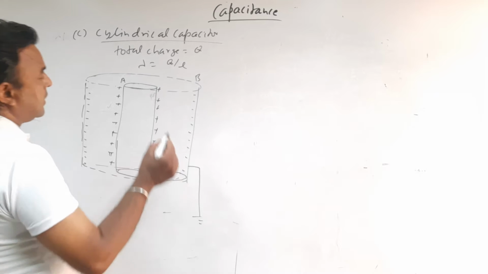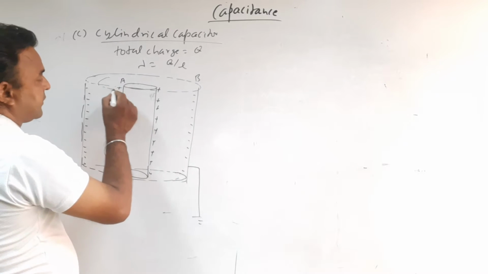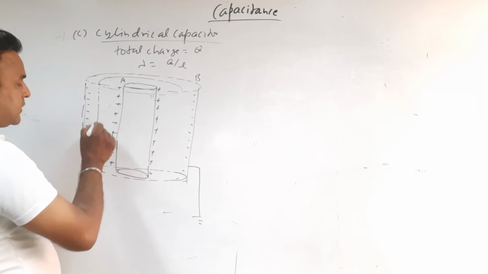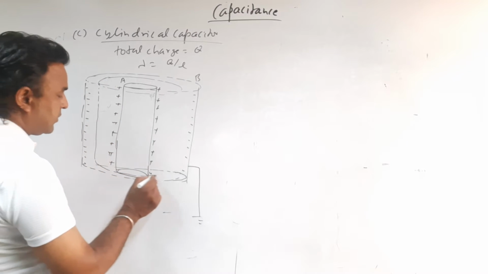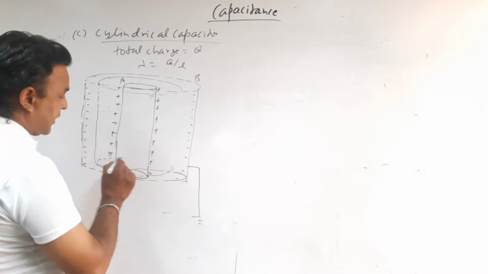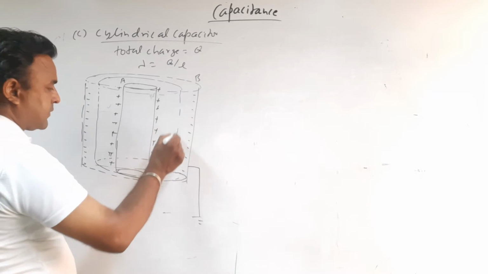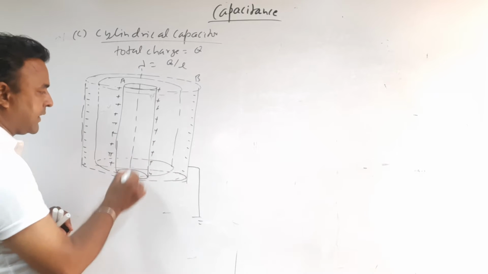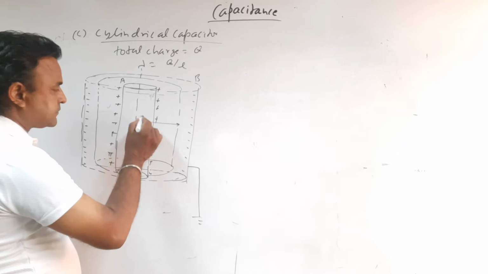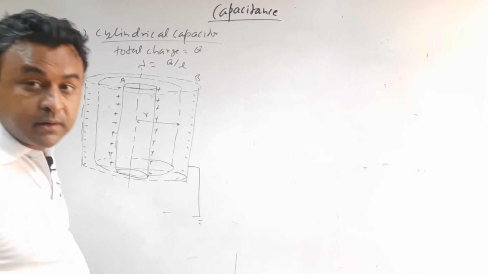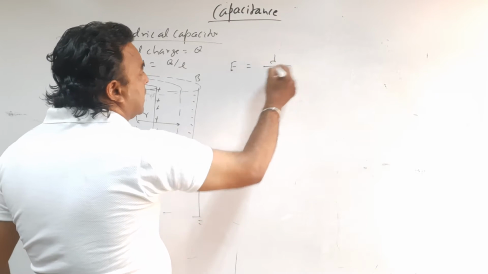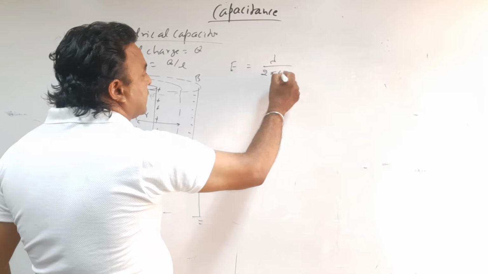Now what I do, I assume a Gaussian surface. I hope you remember that electric field due to a line charge. Its distance from center is r. I hope you remember electric field due to line charge lambda upon 2 pi epsilon naught r.